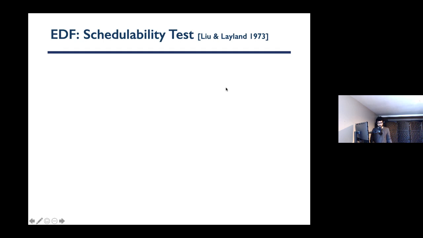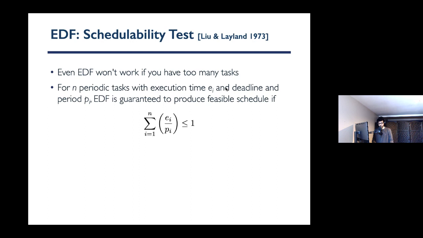Now, here is the schedulability test for EDF, very similar to what we had with RM. This is the power of EDF that you can see here. It says that for any n periodic tasks with execution time EI and period PI, EDF is guaranteed to produce a feasible schedule if the total utilization is less than 100%.